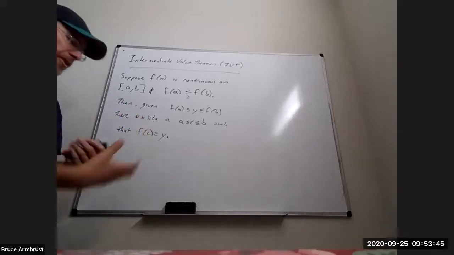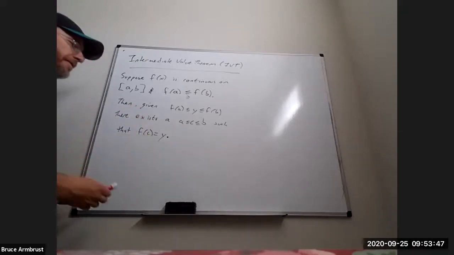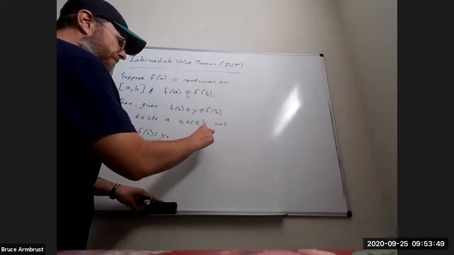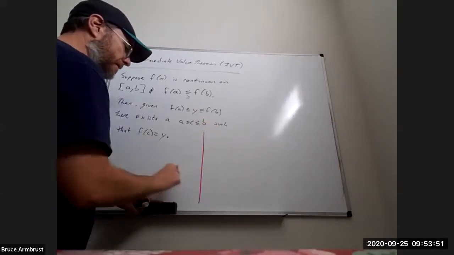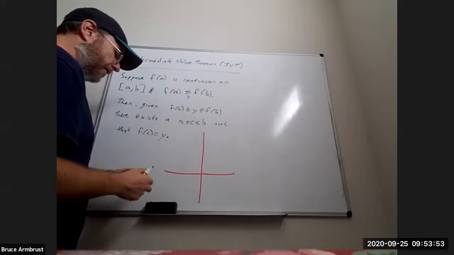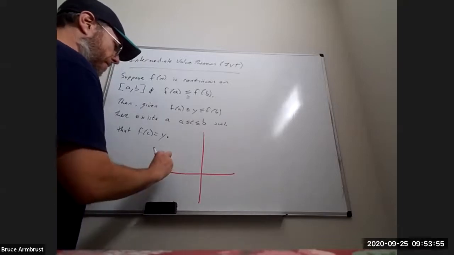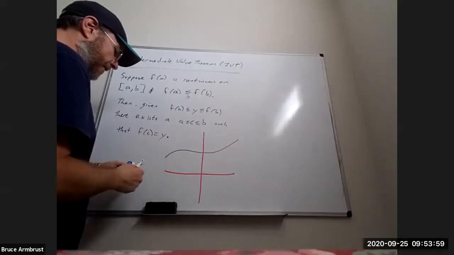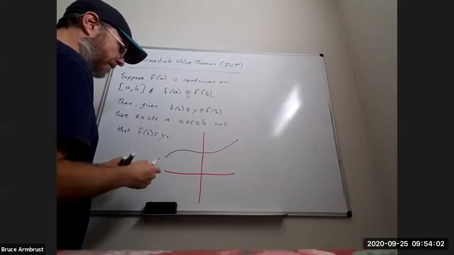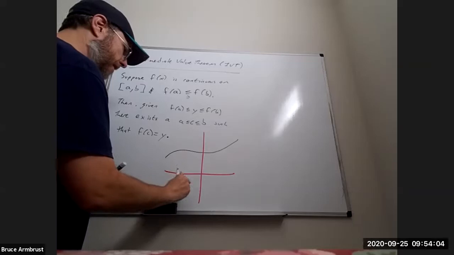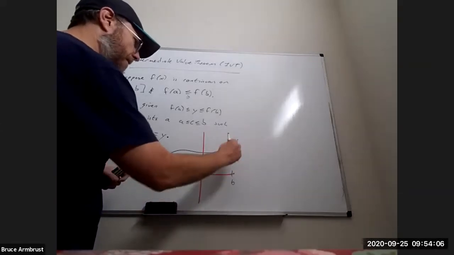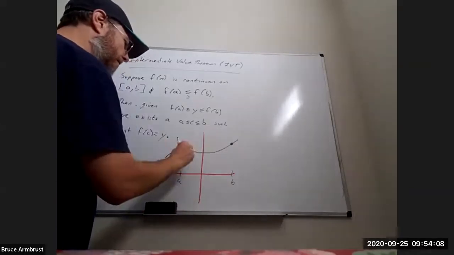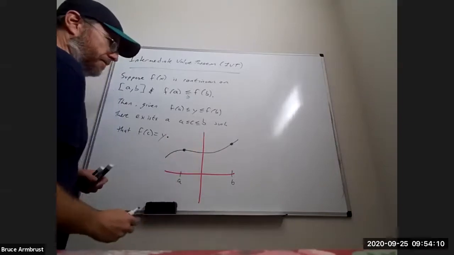Let me actually draw a picture, because I think the picture definitely helps you see what's going on. So we've got our axes. We've got our function. And somewhere over here is A, and somewhere over here is B. So there are dots on this graph.